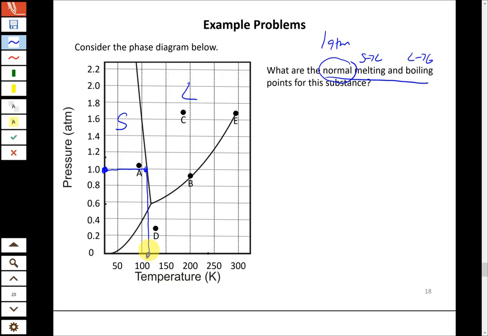So we'll call this here point X, which is the melting point. And when we extrapolate down to the x-axis, we have to estimate a little bit, but it's around 110 Kelvin.